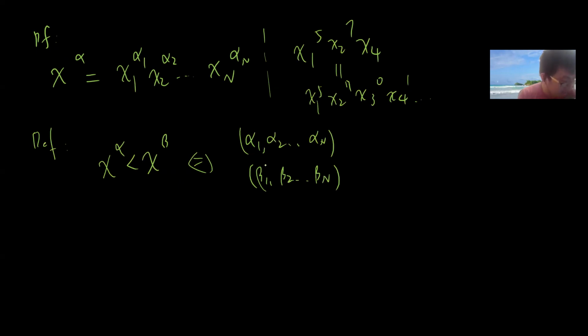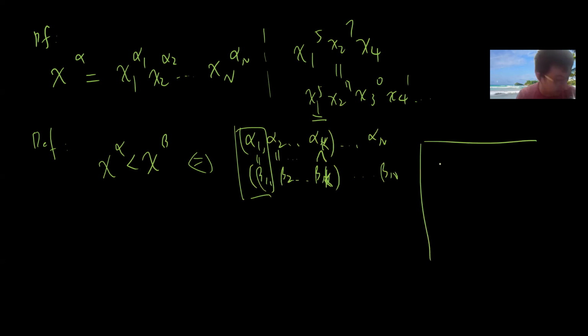So if they are the same up to some point alpha k, and there is some difference, for example alpha k less than beta k, then we say beta is greater than alpha. Everyone starts by comparing with the first entry, so the highest x1 power will belong to the largest one, and then keep going.